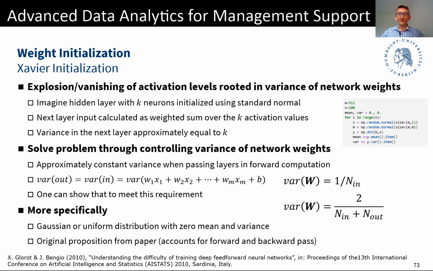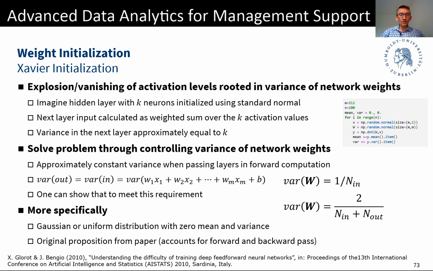So the remedy to this problem is to solve this increase of the variance of network weights. And one way to approximately have constant variance when passing layers in the forward computation is to basically just scale down the variance by dividing with the number of input nodes.